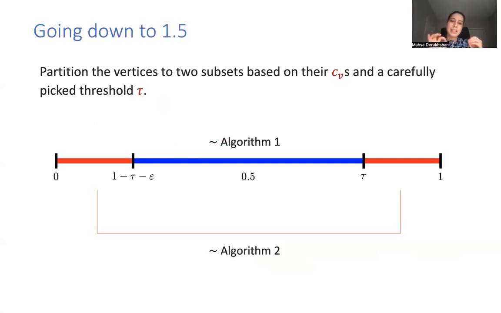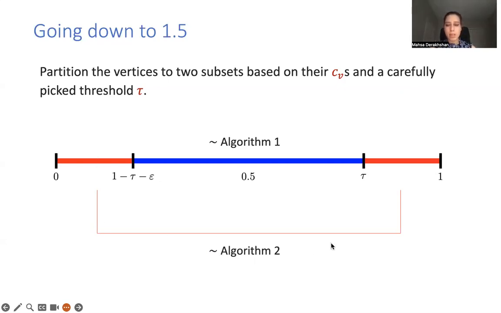To get down to 1.5 approximation, we have to do something more involved. What we do is that we partition the vertices into 2 subsets, right, based on their CVs. And we treat these vertices differently, okay? The probability that these vertices are committed to the vertex cover in the first step will be different based on which subset they belong to.